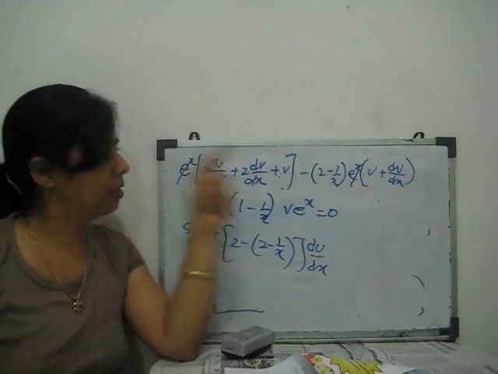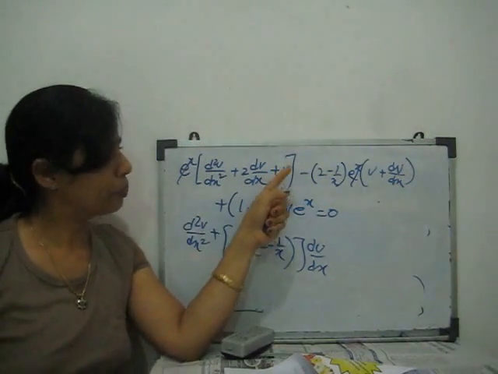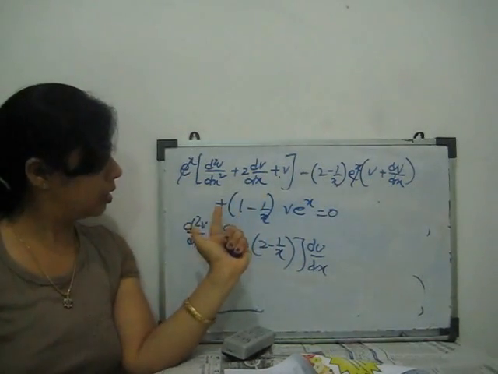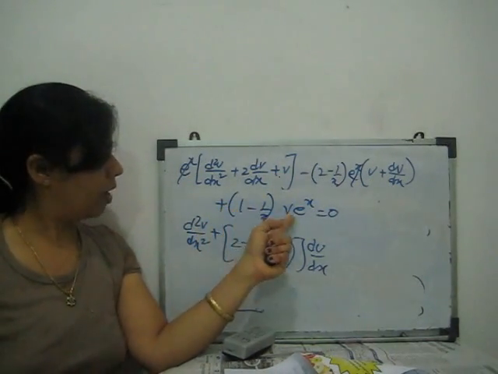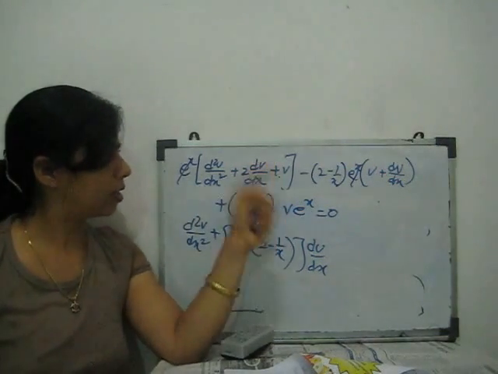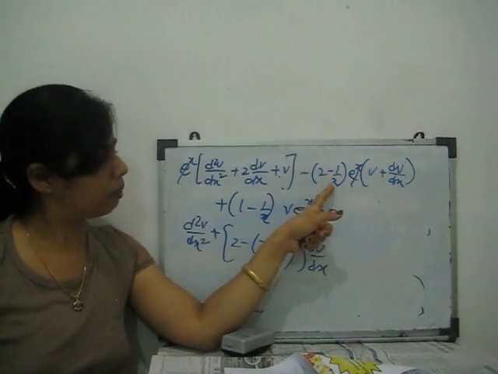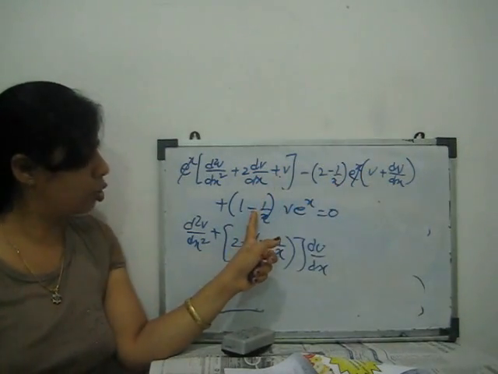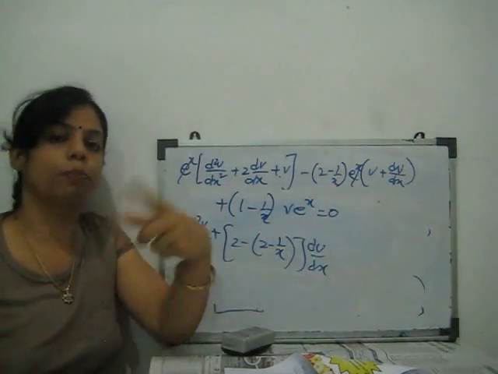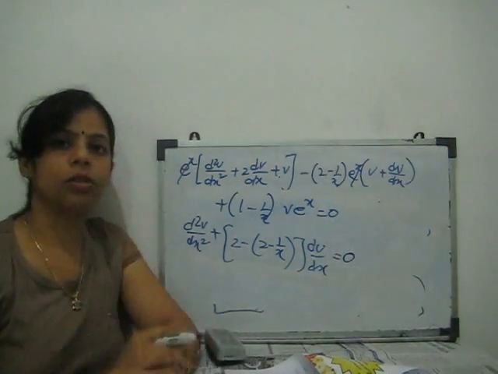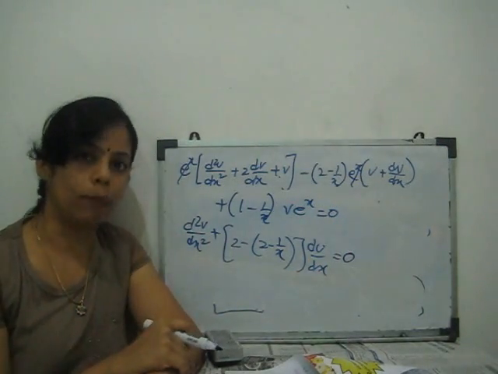Then see, this is v, this is minus 2v, and this is again 1v. So plus v, minus v cancel out, 2v cancel out. This is minus plus 1 by x v, this is also minus v by x. So plus v by x minus v by x cancel. The remaining equation has only no v terms; all v terms are omitted.